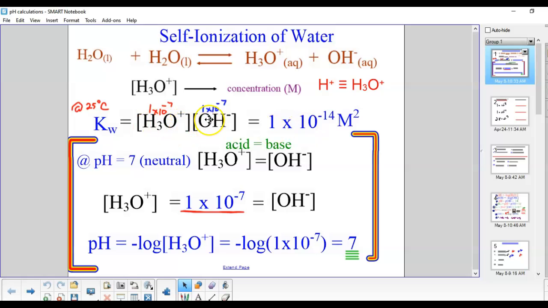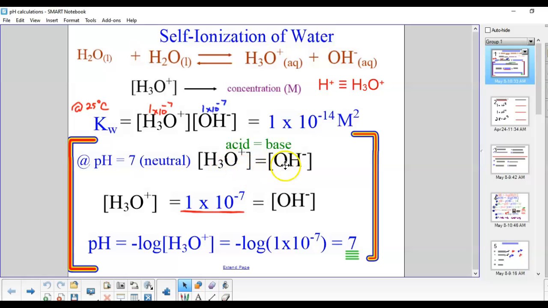So we have a molarity times a molarity, and that gives us molarity squared. When we do the measurements, we find that we have 1 times 10 to the minus 7, 1 times 10 to the minus 7. When you multiply them, you get 1 times 10 to the minus 14. So this is a constant value at 25 degrees Celsius for all water.